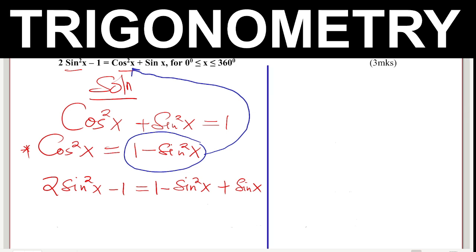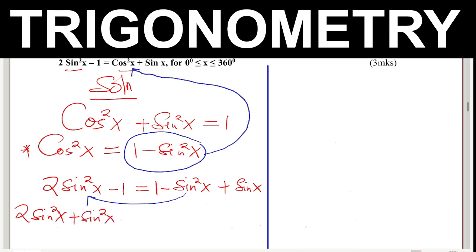Now, since everything is in terms of sine, you need to bring the like terms together. Let us bring everything that is on the right hand side to the left hand side. We shall have 2 sine squared x, then negative sine squared x from the right, so positive sine squared x on the left.